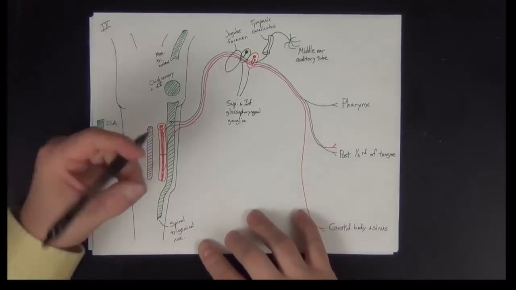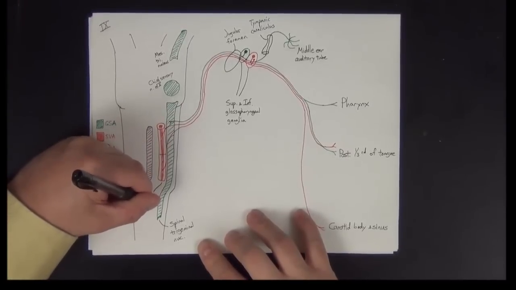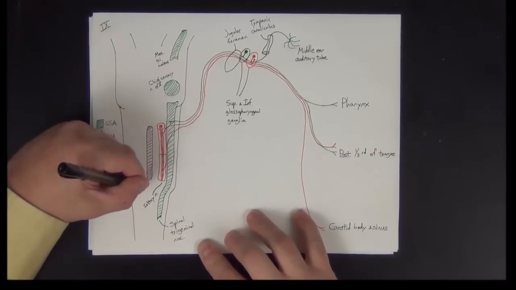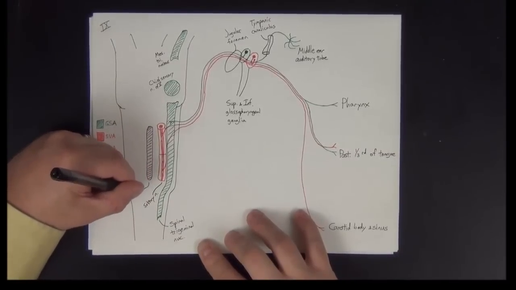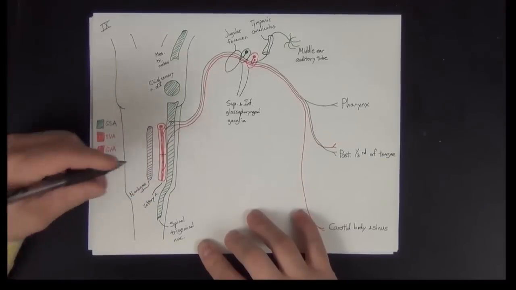I haven't labeled those guys yet, so let's label the solitary and nucleus ambiguus. That's how it's spelled, so sorry about that.